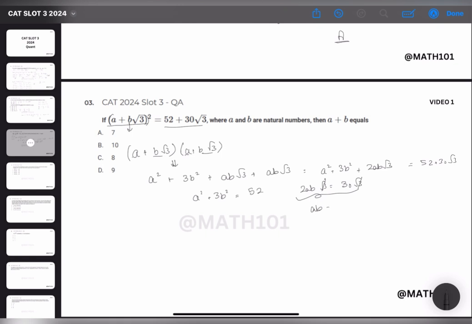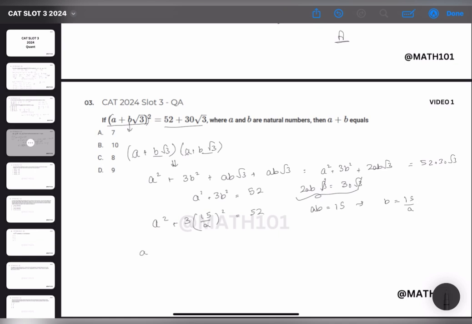We have ab equals 15. Now we will substitute the value here: a square plus 3. So from here we get b equals 15 by a. So we'll put it here: 15 by a whole square, equals 52.